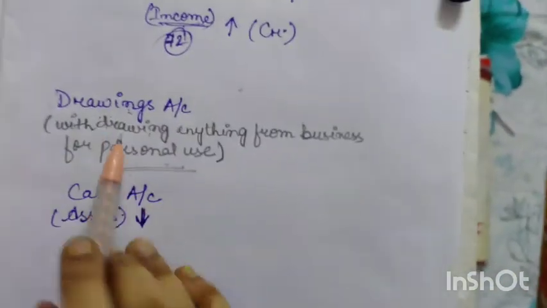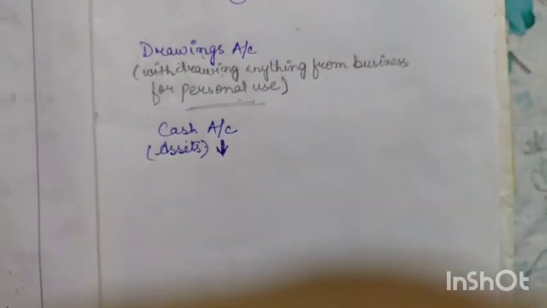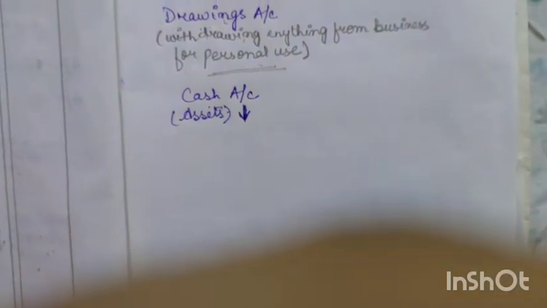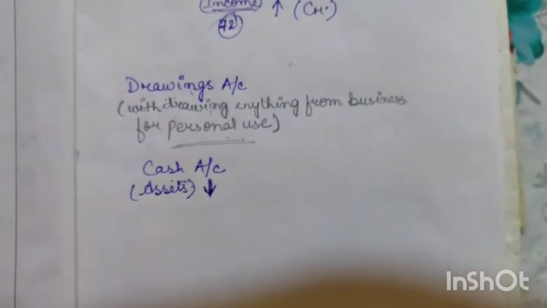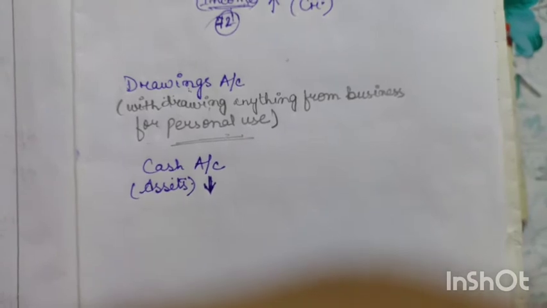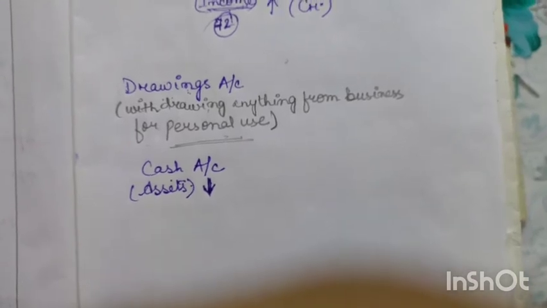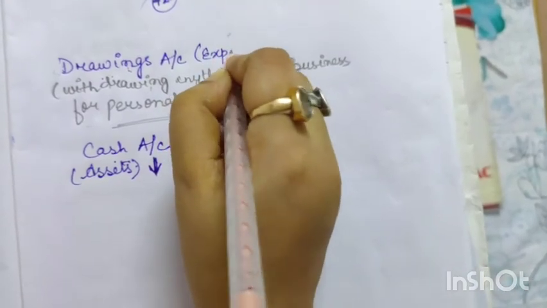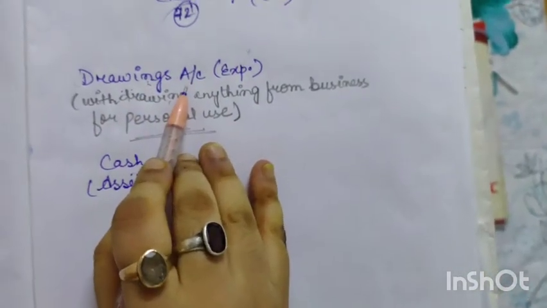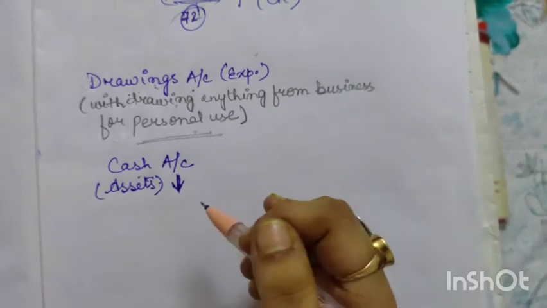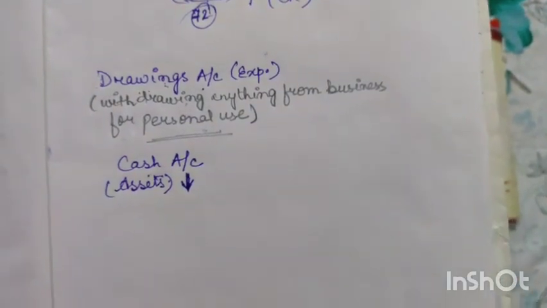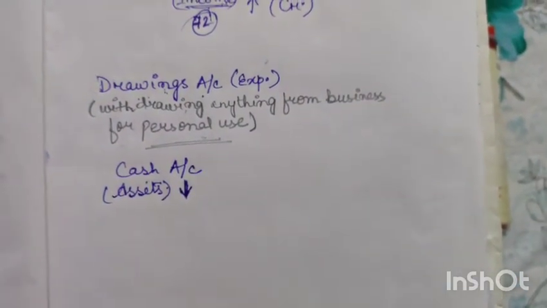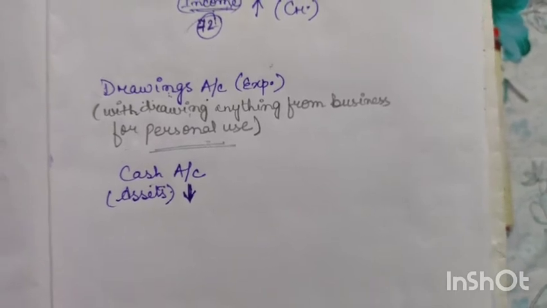And drawings, whenever we spend something or take out something from our business, not for business purposes, apart from business purposes, or for any kind of personal use, that becomes an expense. So drawings is a kind of expense. Is it going to help our business? No. If we are taking out the money for our personal use, suppose we have taken the money to do a birthday party, is it a business?